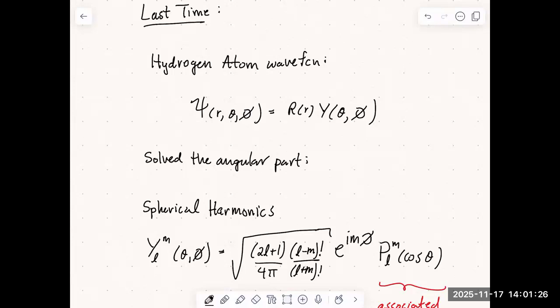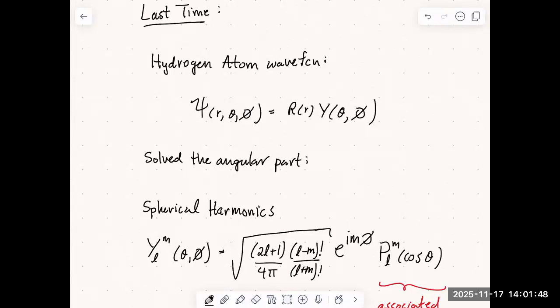We've actually finished the angular part. The angular part did not depend on the potential because we're assuming that we have a central potential, which just means that it's a potential that depends only on the magnitude of R, the distance between electron and proton.